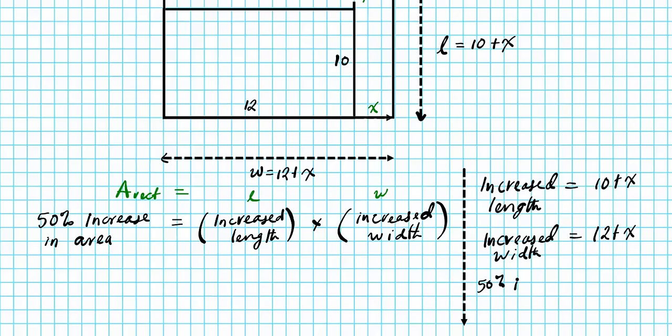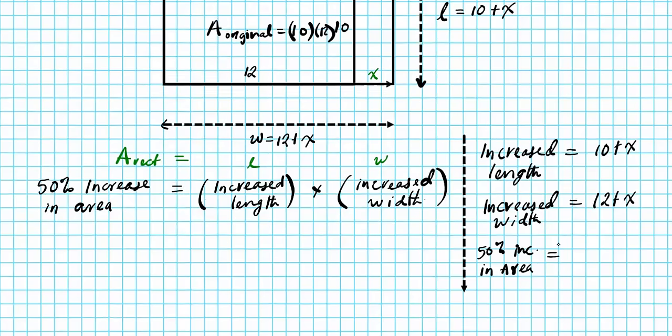50% increase in area is going to be the original area. What was the original area? The original area, let's say A original, is going to be length times width, 10 times 12. Okay, so what we're going to do is take that original area and multiply it by the adjustment factor.